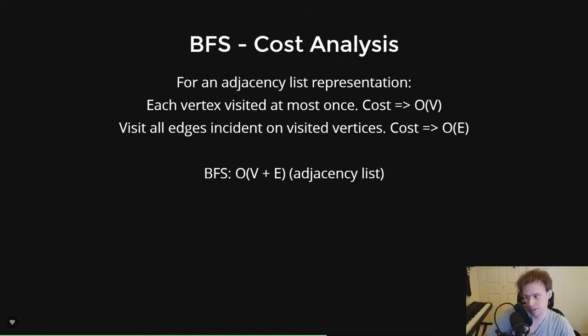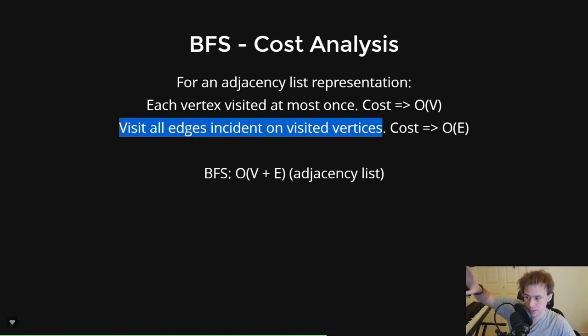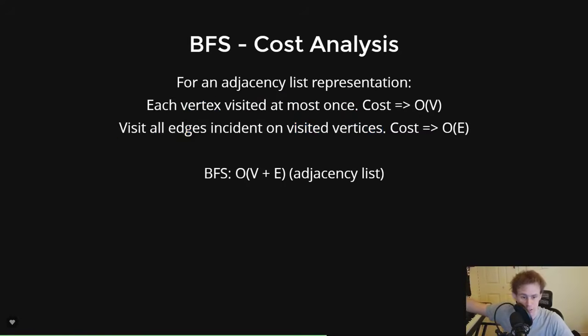For an adjacency list, each vertex is visited at most once. So the worst case of a breadth-first search is that you have to visit every vertex, and also that you have to visit every edge. So the actual cost is visiting every vertex and every edge, which is V plus E. So the worst case time complexity of a breadth-first search in this case is O of V plus E.